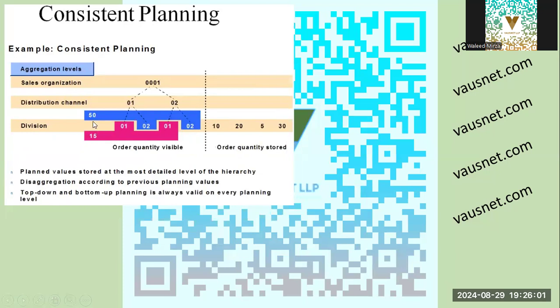Now, for example, the quantity required is 50 for both. So at the division level 01, 02, 01, 02, there are some requirements and demand for 50, but you have a stock of 15. So you will disaggregate and break up. Disaggregate means break up of quantity for each product. Break up that this much quantity for this product, this much quantity, and total it becomes 50.